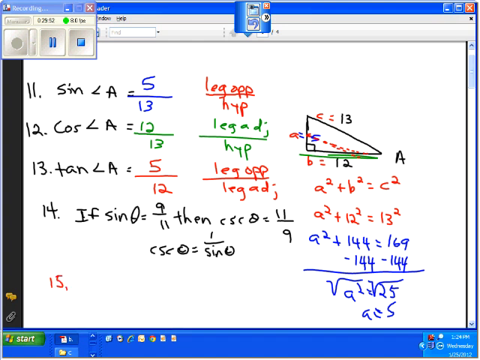Number 15. Number 15 said if secant theta is -3/4, then cosine theta is what? Now, what do we know about secant?